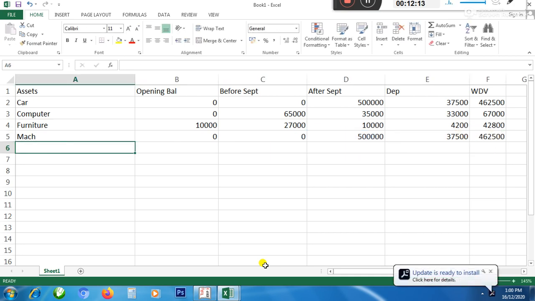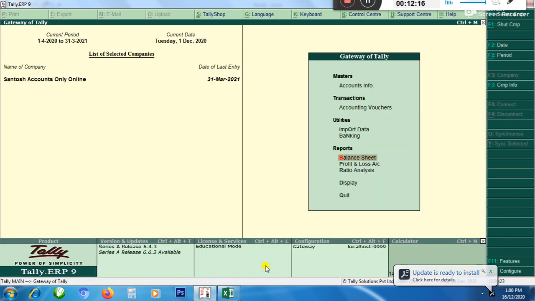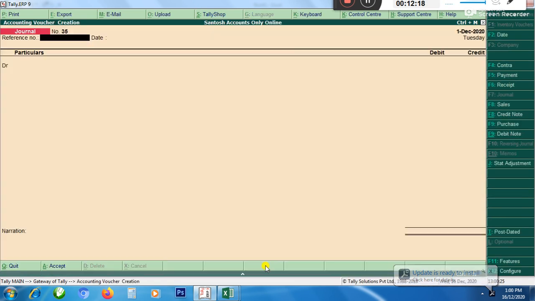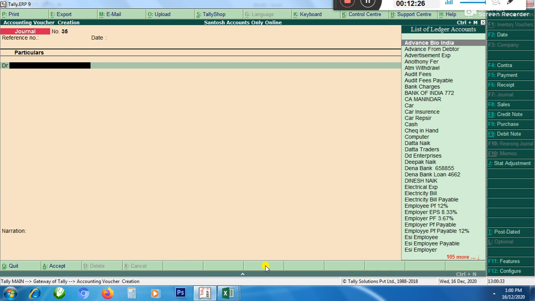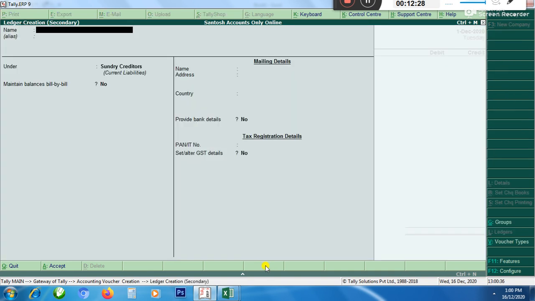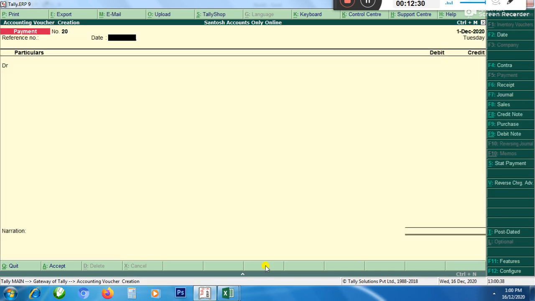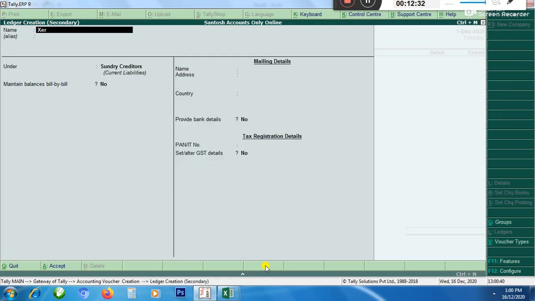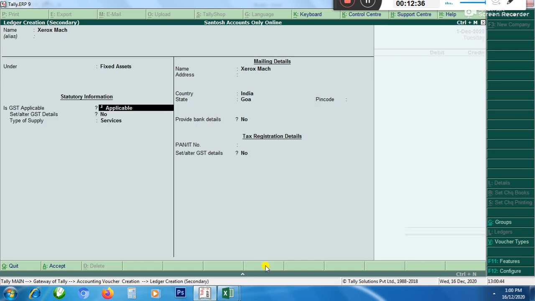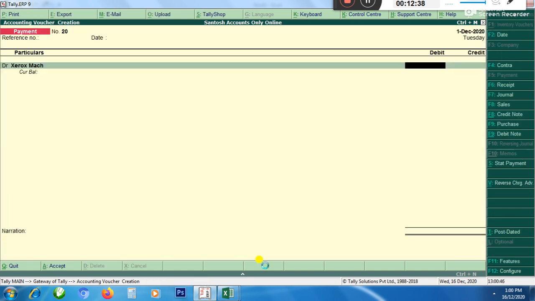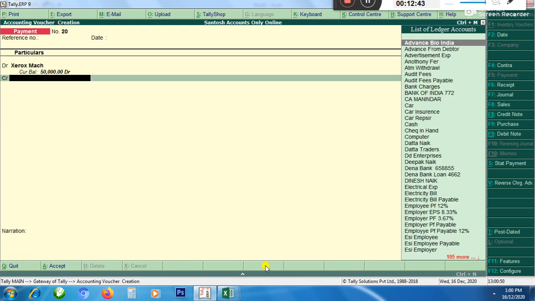Now suppose I purchase one more asset, I will pass one more entry. Suppose I purchase a Xerox machine, and directly pass the payment for it under fixed assets, say about 50,000.